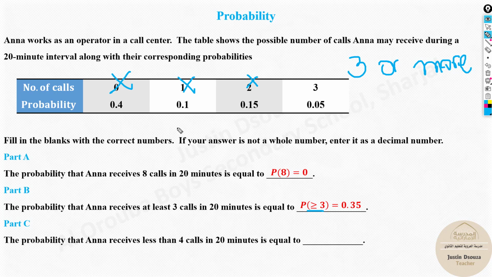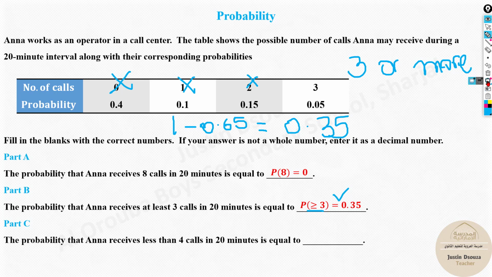This is 0.4 plus 0.1 is 0.5, 0.65. So this much probability cannot be there. So 1 minus 0.65, which I have to exclude, will be the answer, that is 0.35. Yeah. So this is how we get this answer. I hope this is clear.